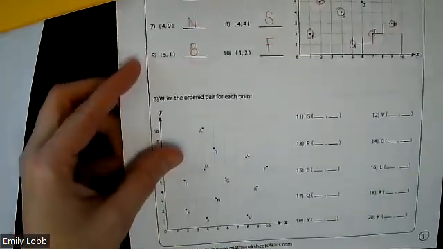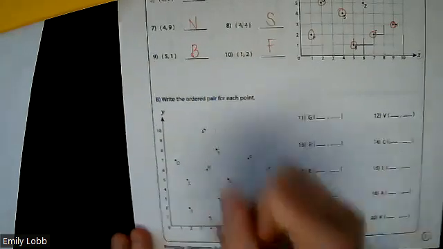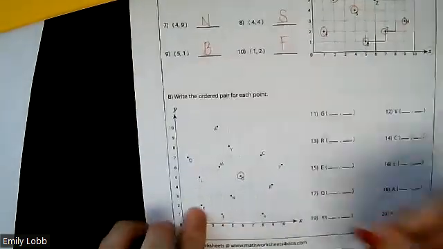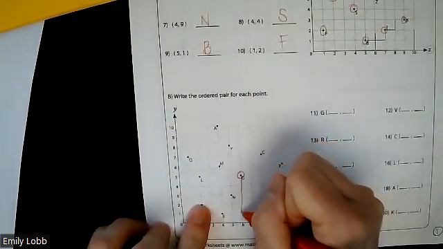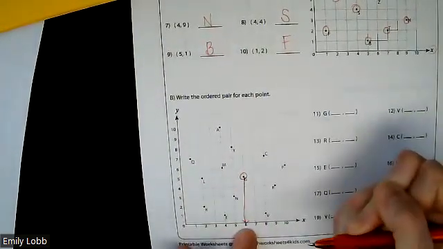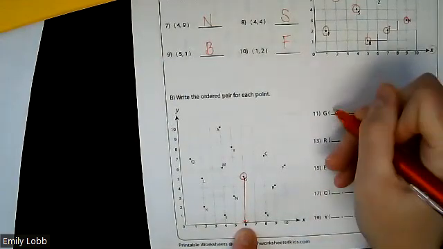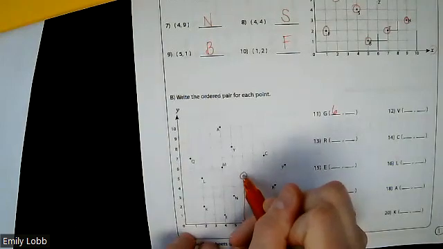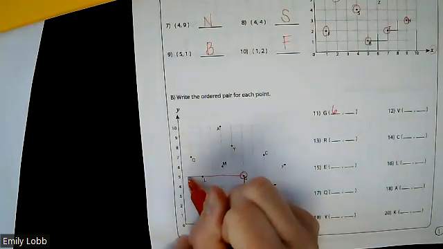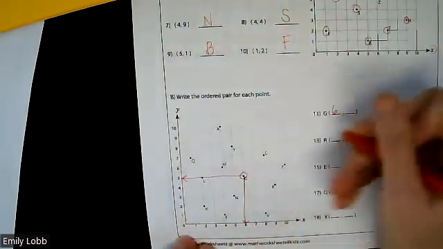Now we have to practice writing what these letters mean. So if we find the letter G, we first want to figure out the X value because we list that first. So I'm looking down. What's our X value here? 6. If our y value is here, we've got to go all the way to the left to 5.